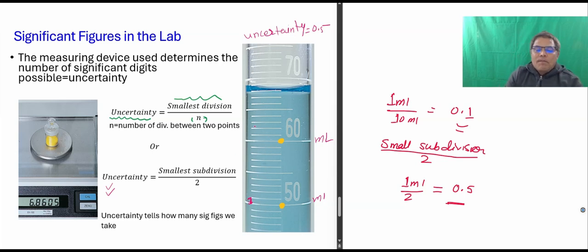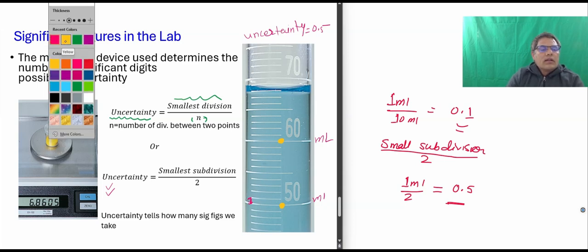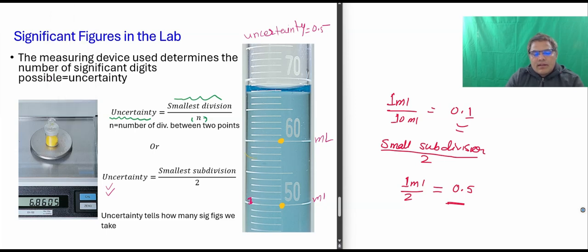Okay guys, now let's see. In this measuring cylinder, if you get this value, this is the meniscus you get, for example.